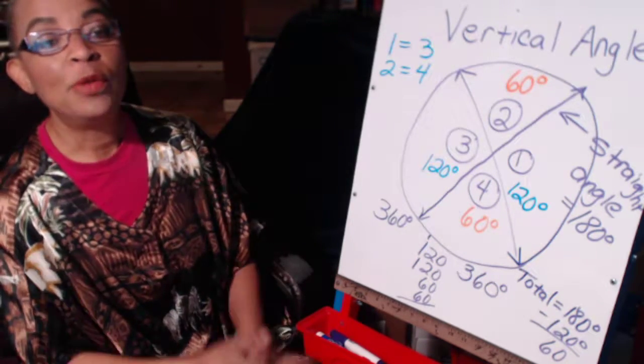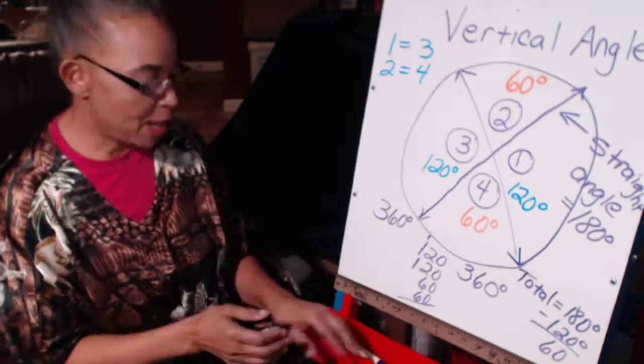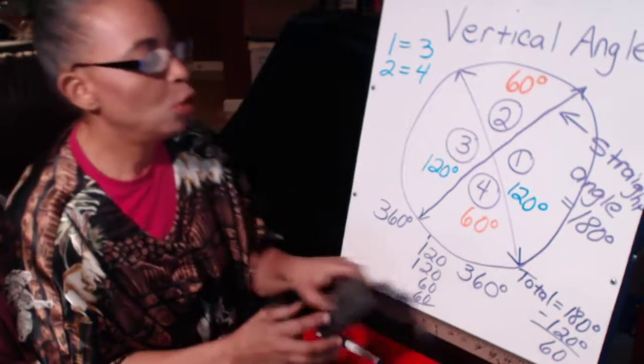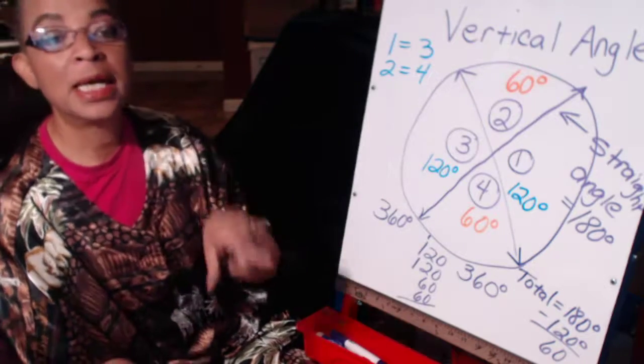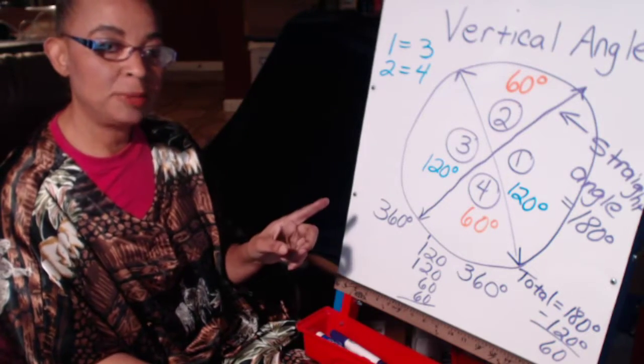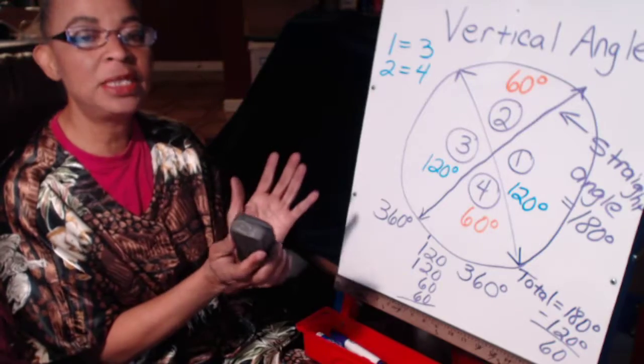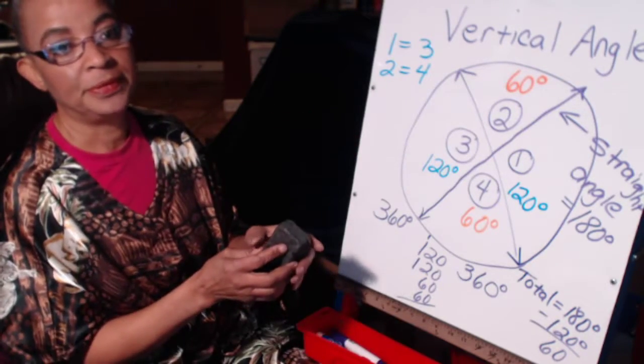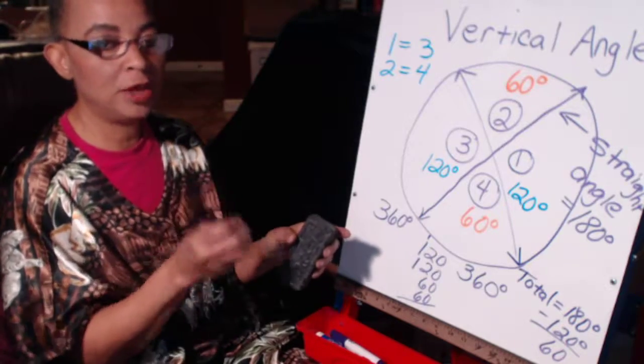Adjacent angles, when they say adjacent, and let's talk about adjacent for a minute, because that's what we needed when we talked about the complementary and the supplementary angle. They had to be adjacent. That means one next to the other one.